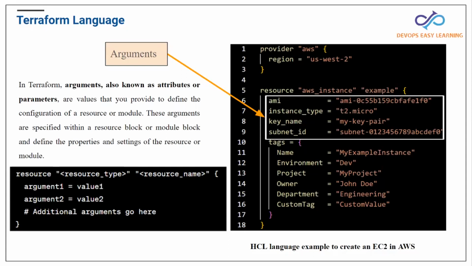In this case, we have an AMI. If you want to create an EC2 instance, the AMI is required. It is not optional. The instance type is also required. The key name is required, right? The subnet can be optional, but if you don't put the subnet, Terraform is going to use one subnet within your default VPC.